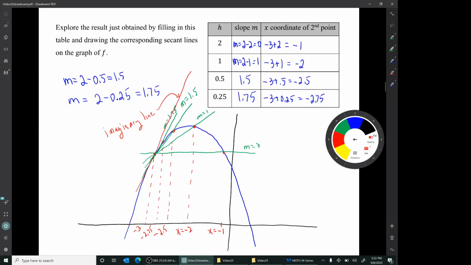Look, in this table, the slopes are getting closer and closer to the number 2. And those secant lines are swinging closer and closer towards that imaginary tangent line. So if we had to guess what the slope of that red line would be, a reasonable guess would be the number that these numbers seem to be getting closer and closer to.